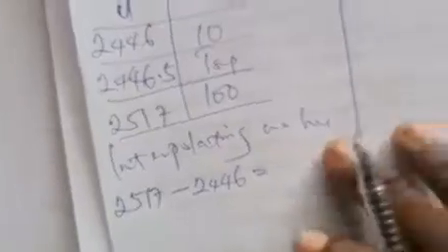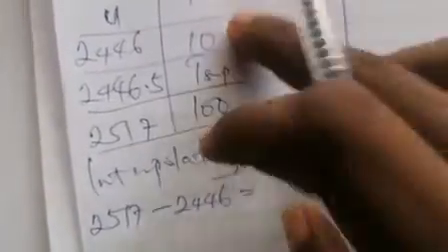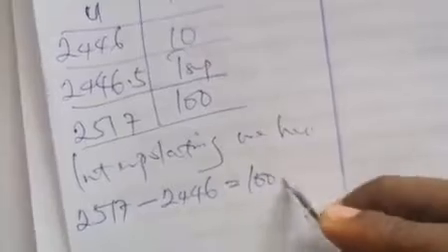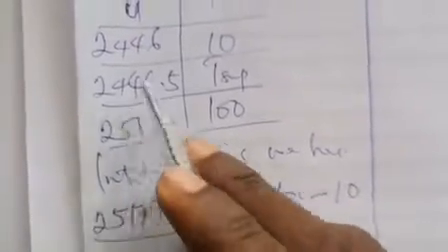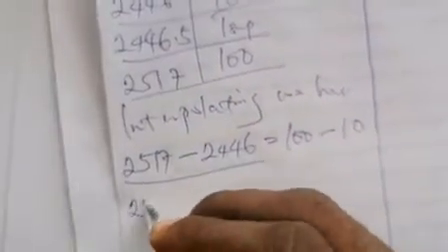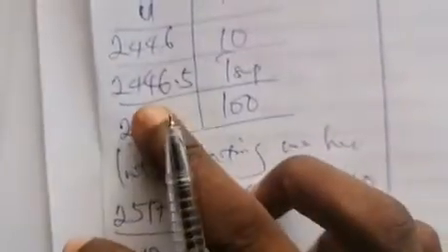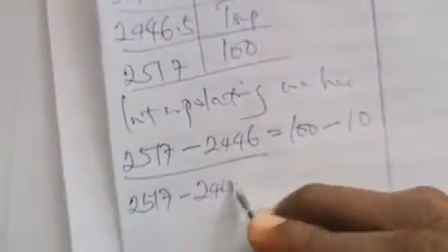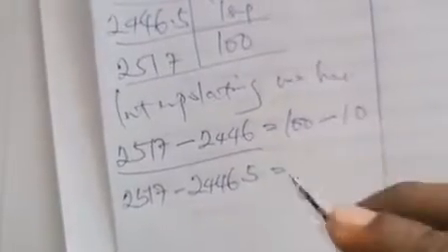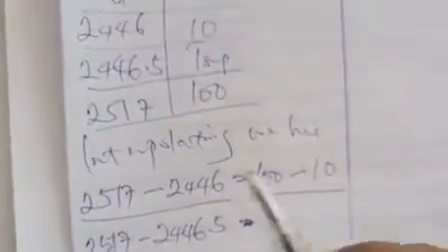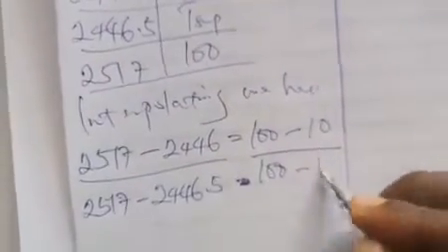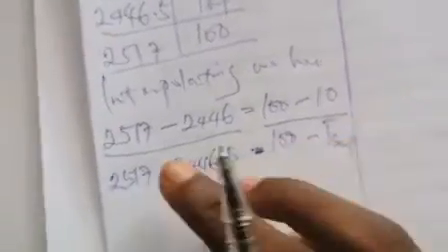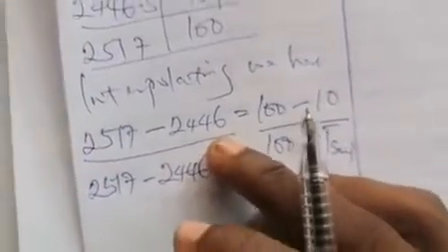It also means I'm going to maintain the same order here, so it has to be 100 minus 10, all over 2517 subtracting 2446.5. And the other side has to be 100 minus T superheated, what we're looking for. So from here, 2517 minus 2446.